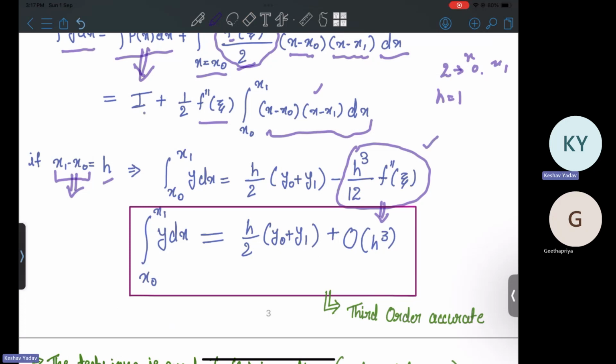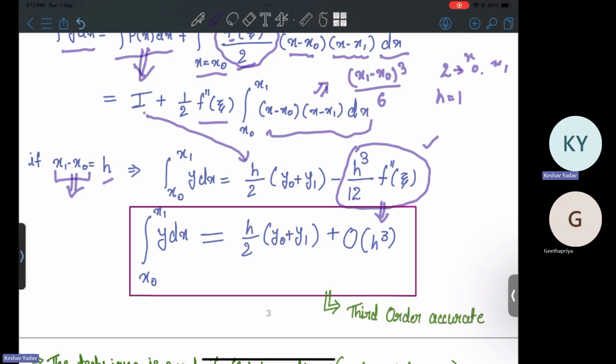So this I will come from the trapezoidal rule, h by 2 (y0 plus y1), and this integration will give me x1 minus x0 whole cube divided by 6.